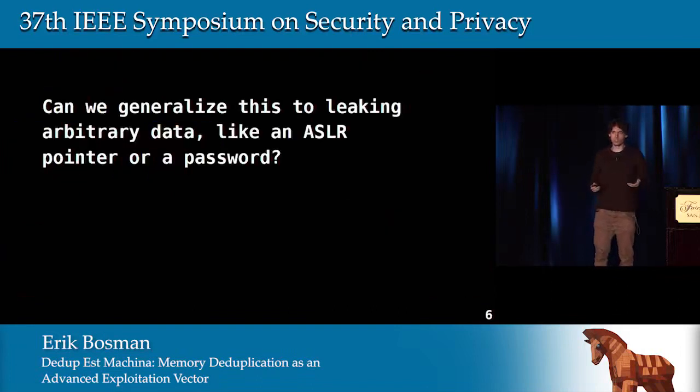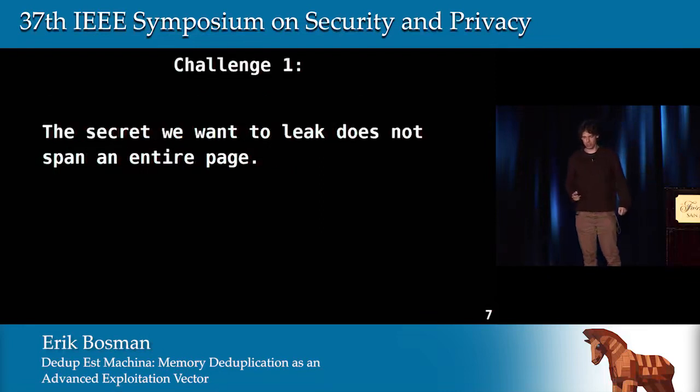So this is all nice if you want to leak the content of an entire page, but can we generalize this to leaking a small bit of information, like the randomization in a pointer or a password? So it turns out we can, but there are some challenges that we have to overcome.